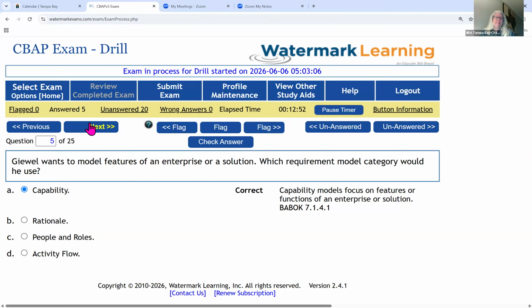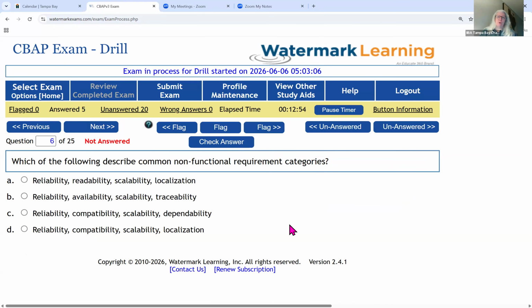Good job, guys. Which of the following describe common non-functional requirements categories? They all have reliability. And then we've got readability, availability, or compatibility. Which one do we like most?